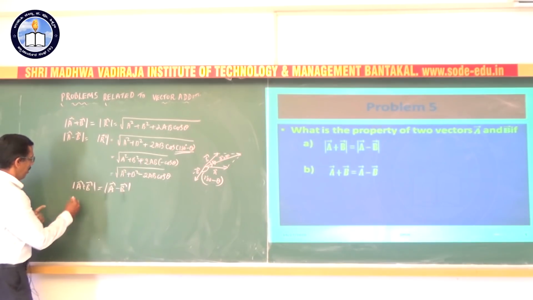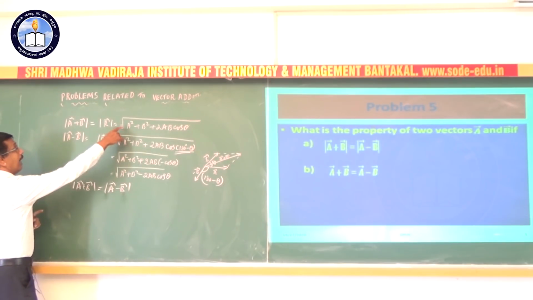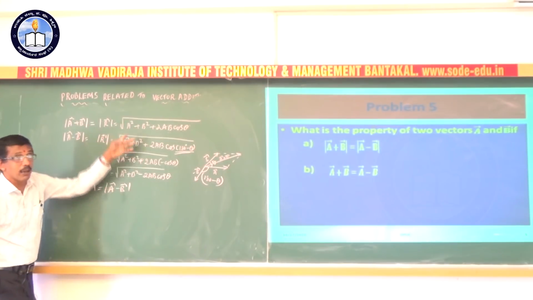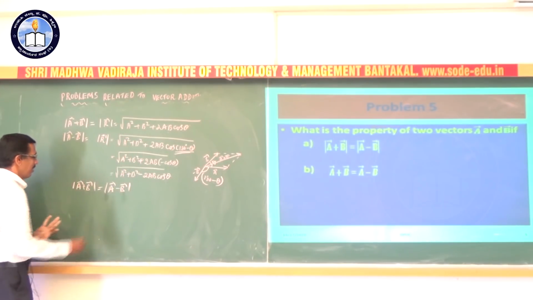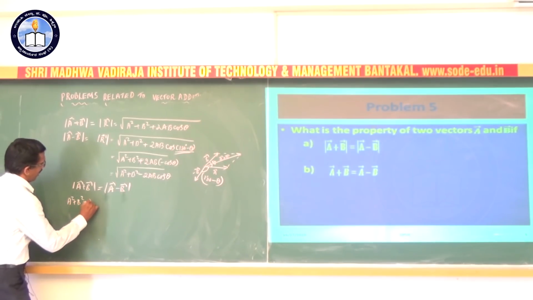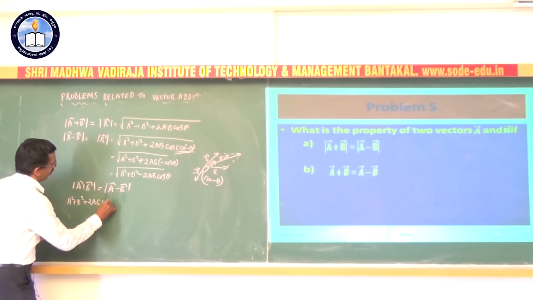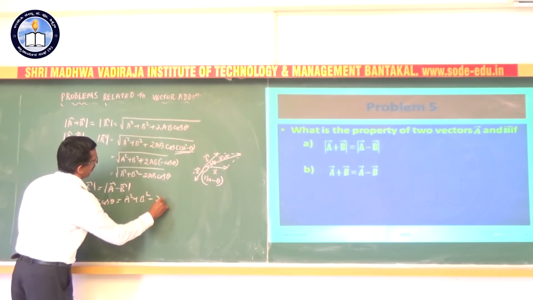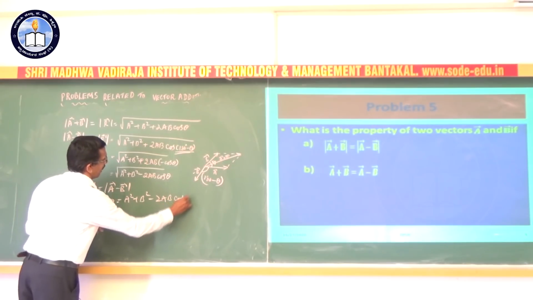Equate the both. As these terms are equal, inside the square root terms must be equal. One step I'll skip. So, A square plus B square plus 2AB cos theta equals A square plus B square minus 2AB cos theta, right?